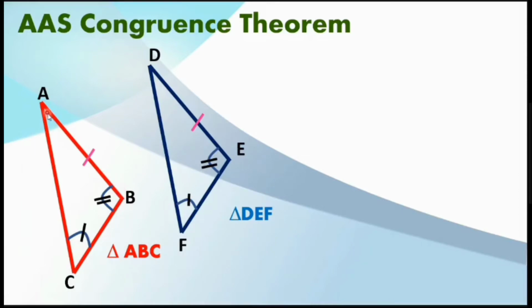So in this illustration, we have angle, angle, side. Those three parts of this triangle are marked congruent to its corresponding parts on the second triangle.